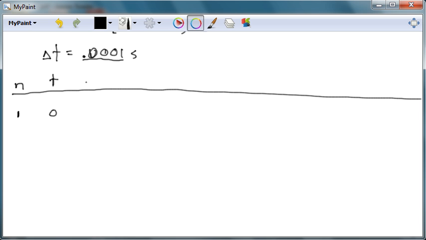When n is equal to 1, the position, call that t sub n. The position x sub n is going to be equal to 0 because it starts at the origin.